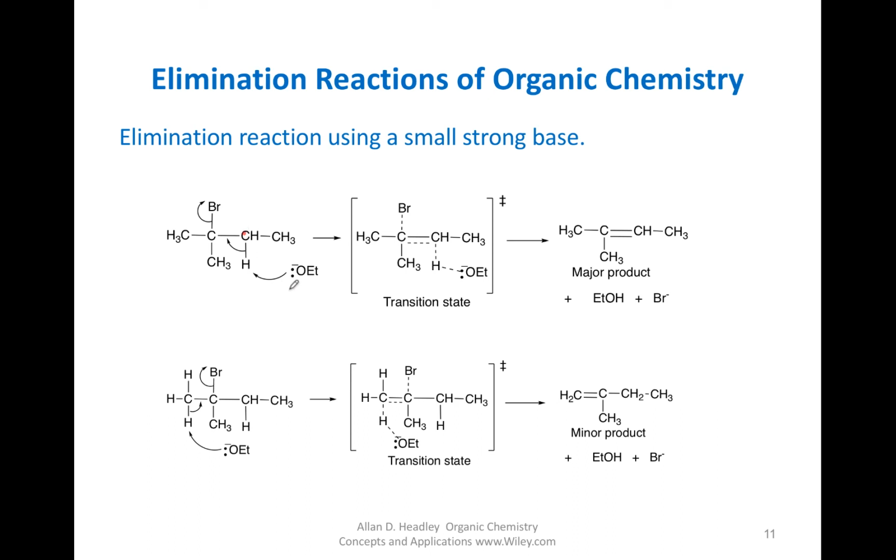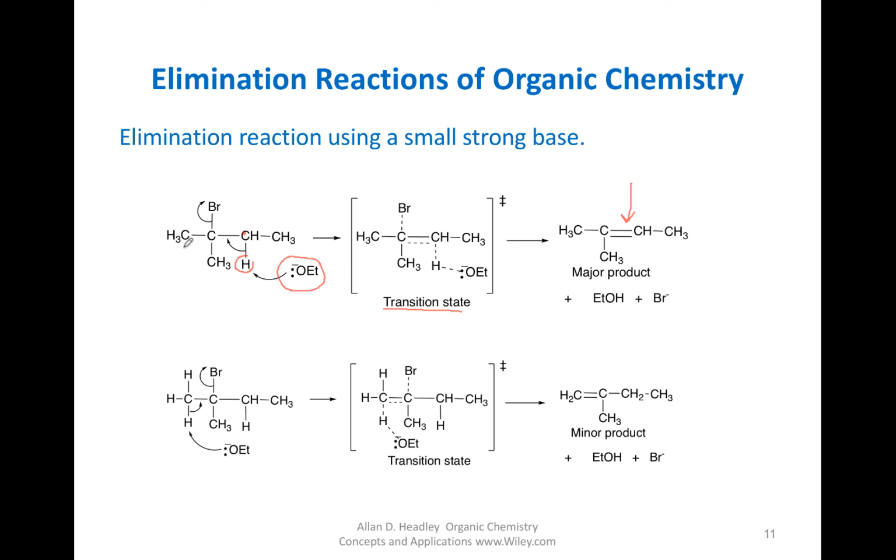So if we use here a small base, it will take off this hydrogen here to form this transition state and give this as the major product, which is the most highly substituted double bond.